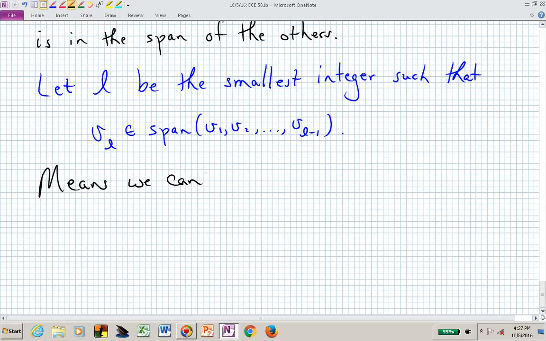And now you're understanding why we spent so much time learning about linearly independent, span, etc. This means we can write v sub L as being equal to a1 v1 plus a sub 2 v sub 2 plus up to a sub L minus 1 v sub L minus 1.